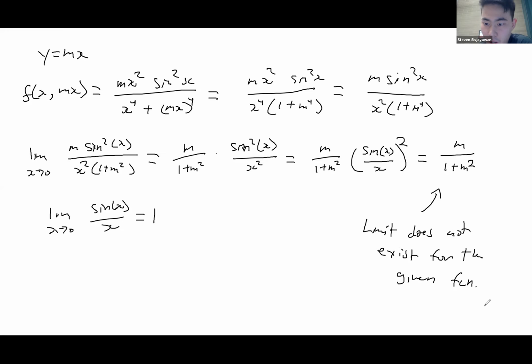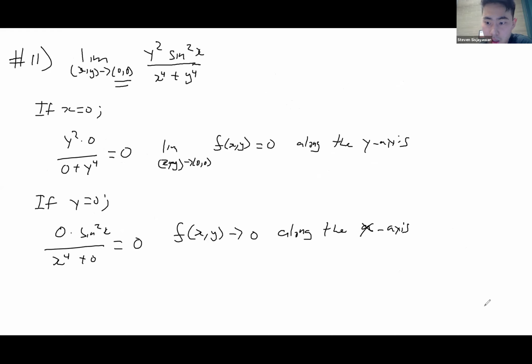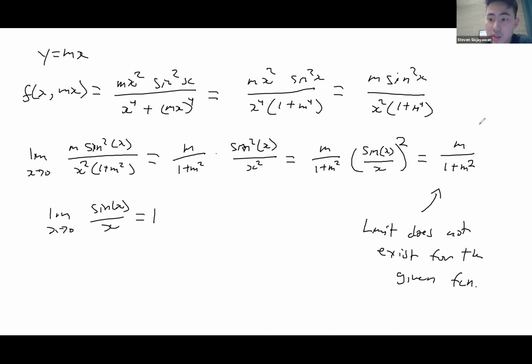So in this case, for number 11, where I have y squared sine squared x all over x to the power 4 plus y to the 4, this limit does not exist, because it solely depends on m. Okay. Any questions off of that? Perfect. Okay, so let's go on to the next question.